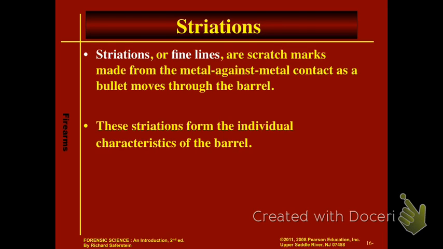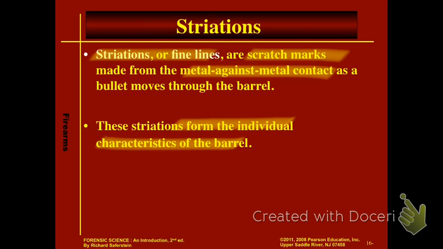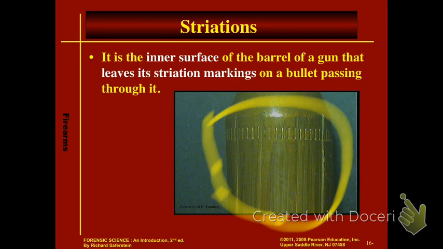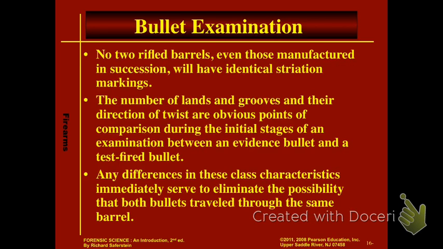Striations, or fine lines, are scratch marks made from the metal against metal contact as a bullet moves through the barrel. And these form the individual characteristics of that particular firearm. And these are what are compared, what you see here, these stripes are the striation patterns.